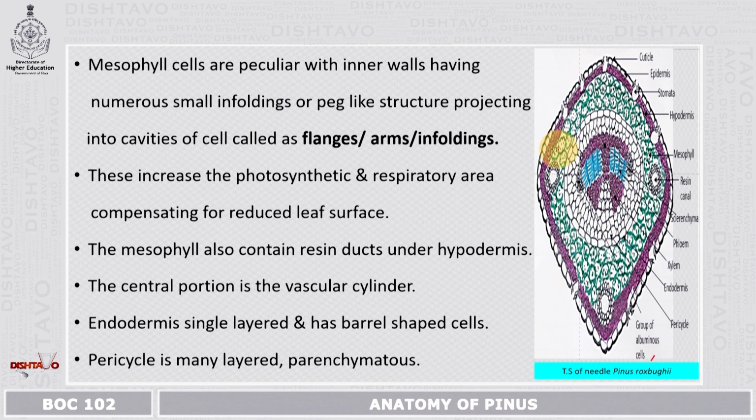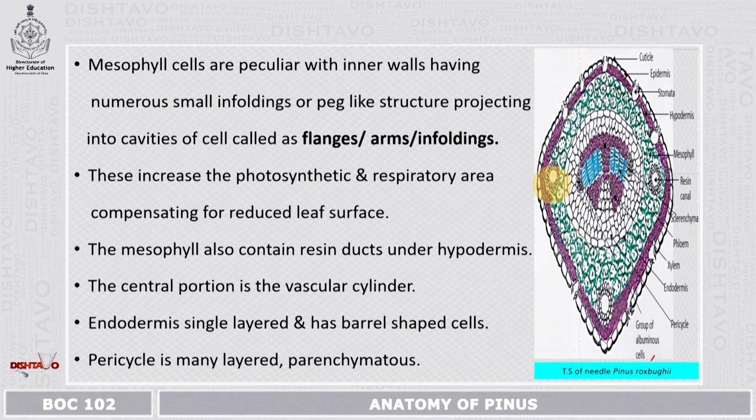They have a lot of infoldings, also called peg-like structures. These peg-like structures are called flanges, arms, or infoldings. This is mainly to increase the photosynthetic activity and the respiratory area of the reduced leaf surface present in the Pinus plant.